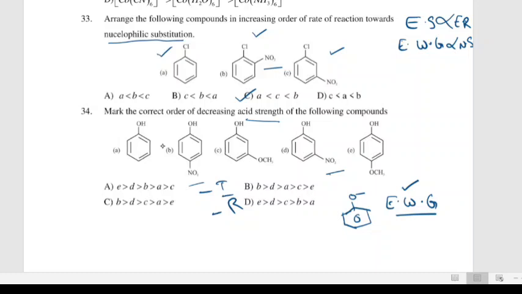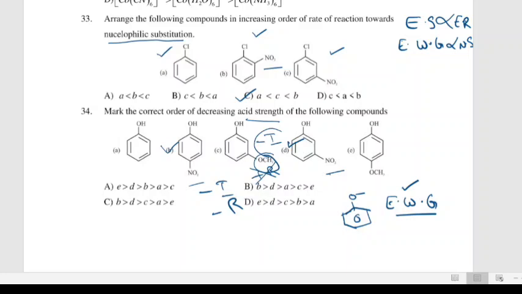Then among these three, which is more acidic? Suppose we consider this particular OCH3 at the meta position: the methoxy group at the meta position can only show minus I effect. Though it is a plus R group, it will not show plus R effect when it is at a meta position. So minus I is also a favorable factor.